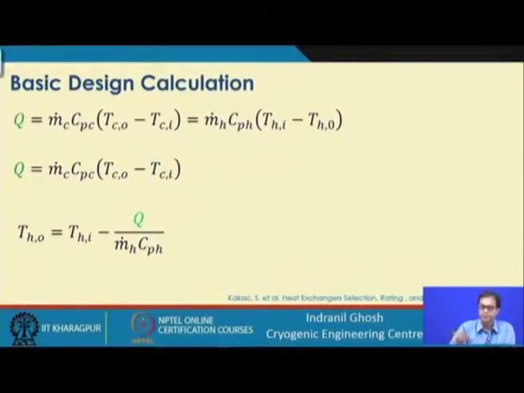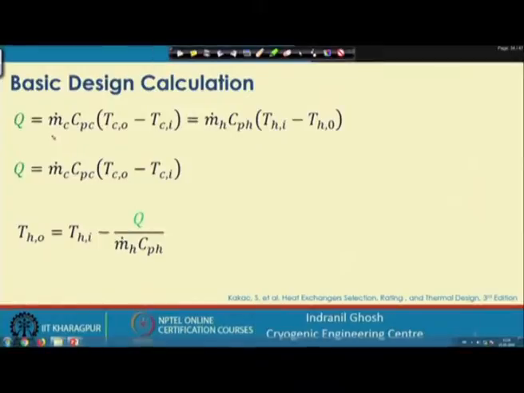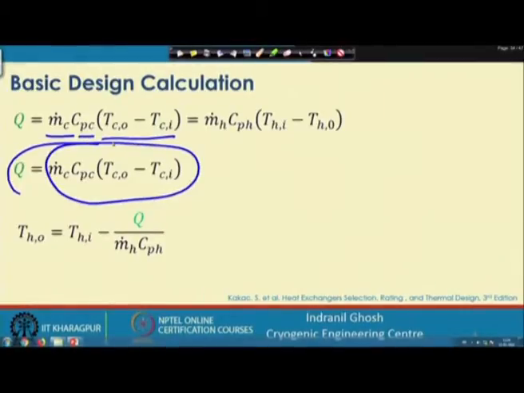So, we know that the heat transfer is the flow rate of the cold fluid, Cpc, the specific heat of the cold fluid, multiplied by the difference in temperature. If we look at all these parameters, all are known on the right hand side, so we would be able to find out the amount of heat transfer.